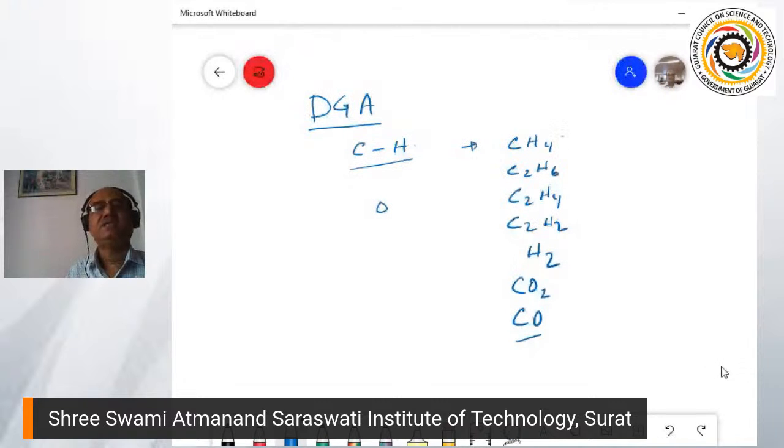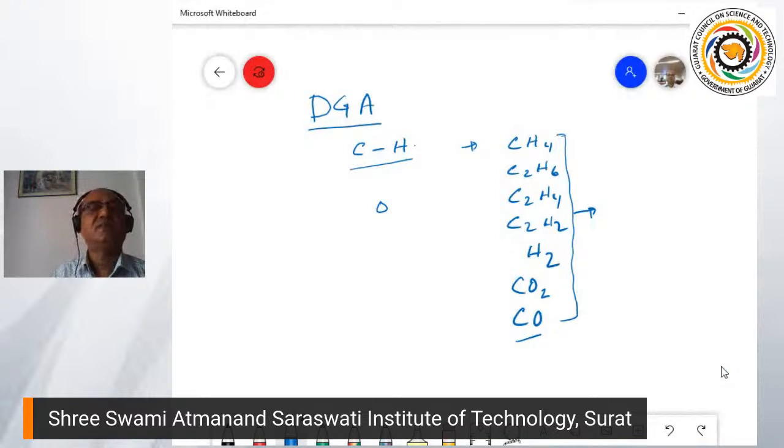These gases are created at different temperatures. So dissolved gas analysis is done to monitor the transformer for arcing and partial discharges.